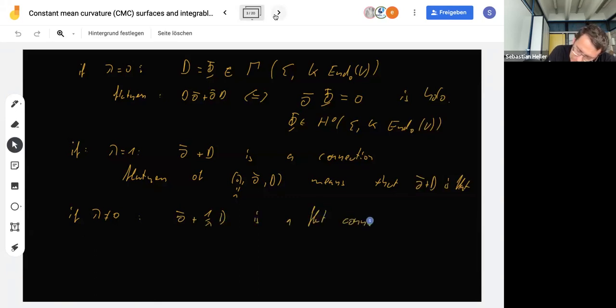So basically it's a very simple basic idea to decompose the flat connection into the 0,1 part, which gives us a holomorphic structure as we learned yesterday, and into the 1,0 part, which can be rescaled. And if we do that, then we get the space of integrable lambda connections.